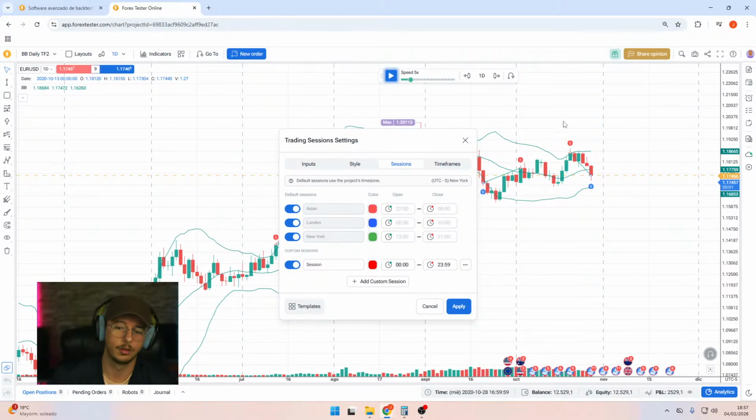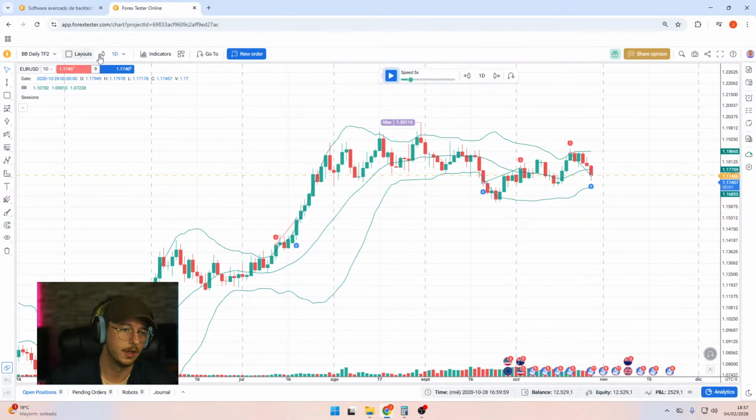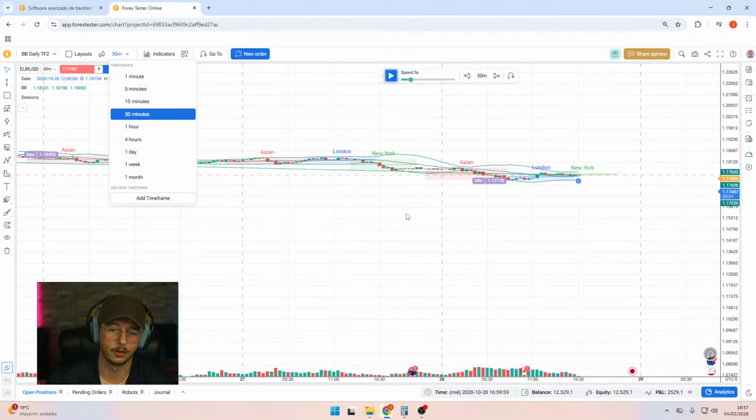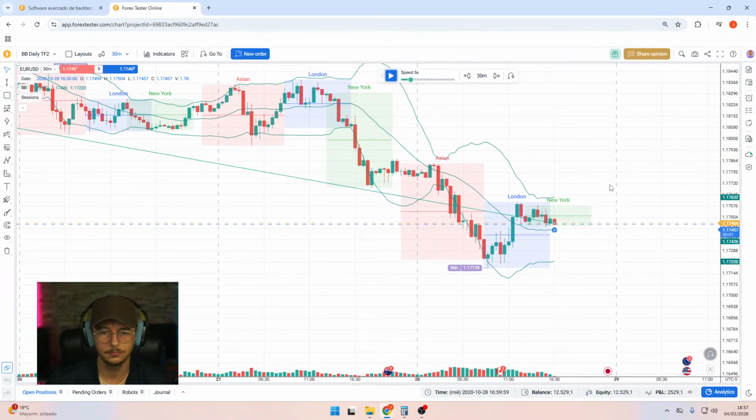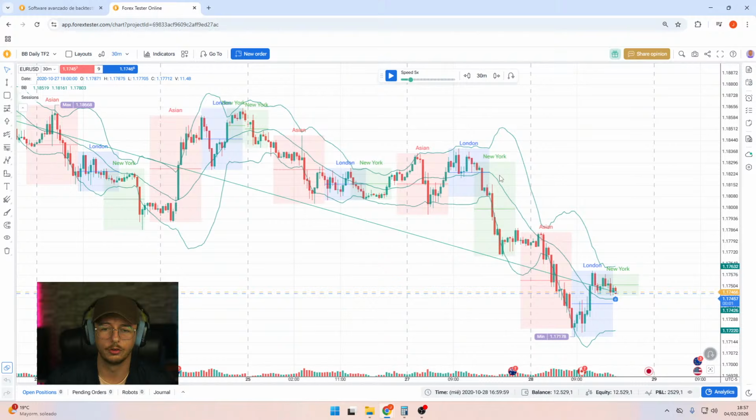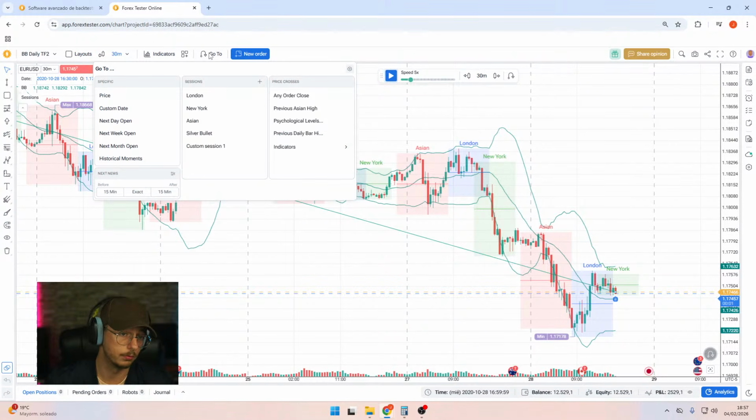If I apply here and come to a lower time frame, otherwise I'm not going to see anything, you can see here that it applies correctly. So there you go. We've got Asian, London, and New York. And as well, we've got the go-to functions that we can go to the London, the New York, the Asian, silver bullet session, and even a custom session. This for me is one of the key points to save time when we're backtesting.